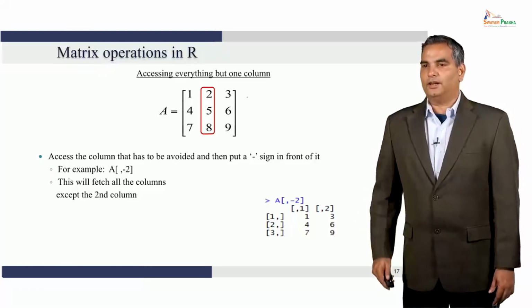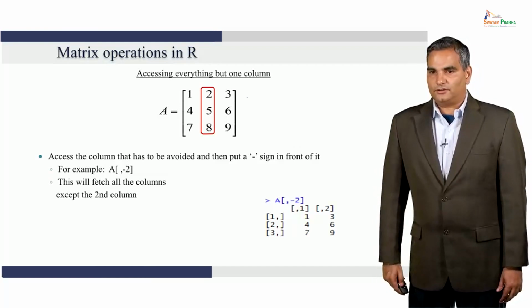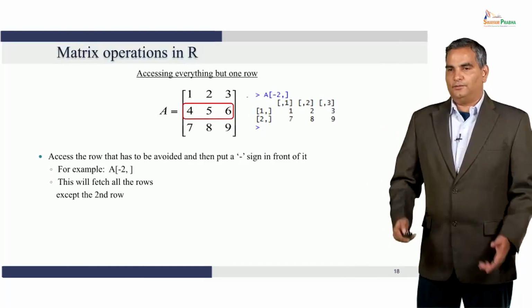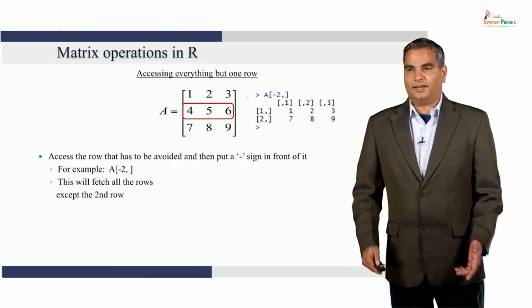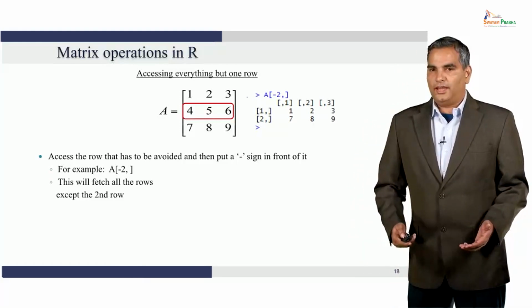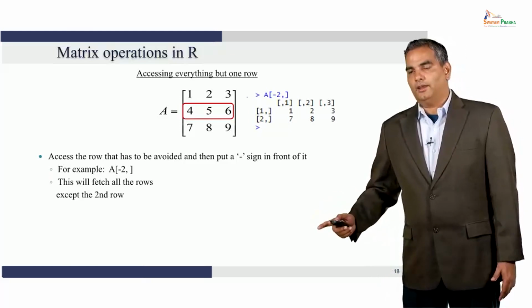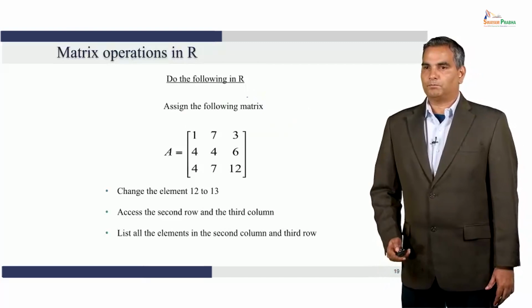So in which case you will get the matrix 1, 4, 7 and 3, 6, 9 as the result of this operation. And very similarly, if you wanted to get everything in this matrix except for the second row, then what you do is A -2. I don't want the second row, but I want every element in the column, which will give you 1, 2, 3, 7, 8, 9.